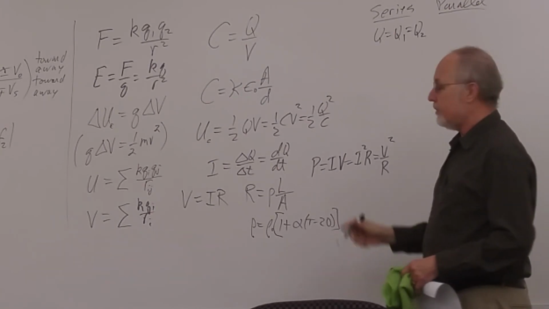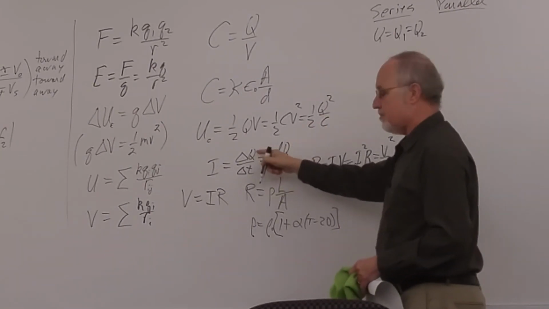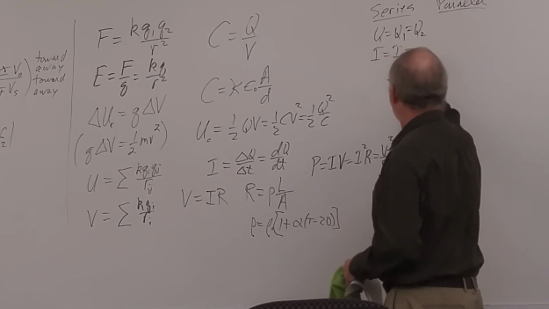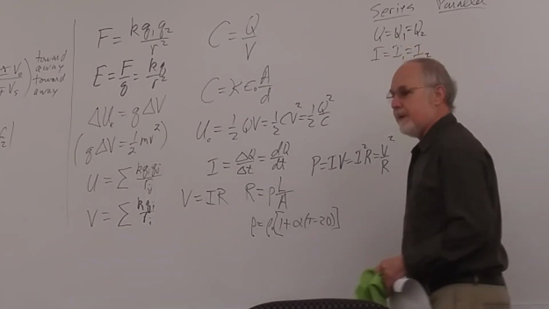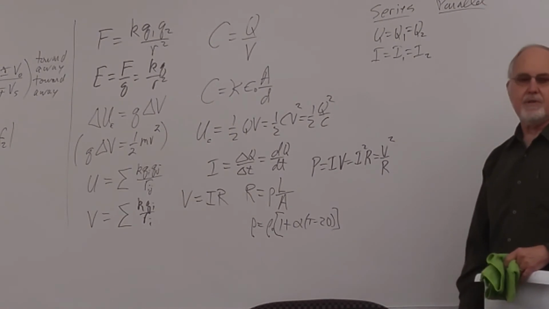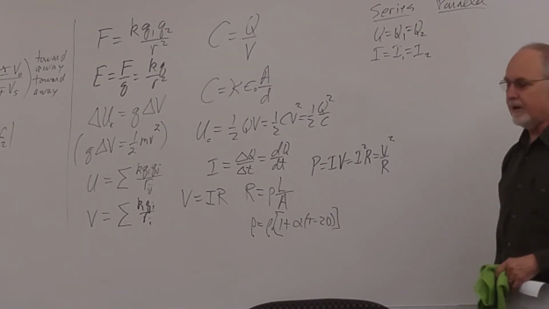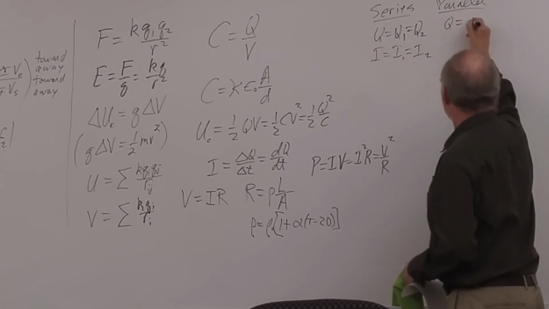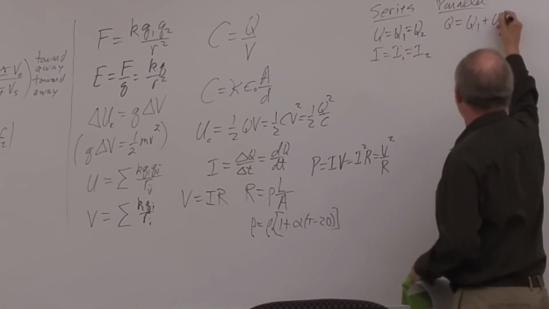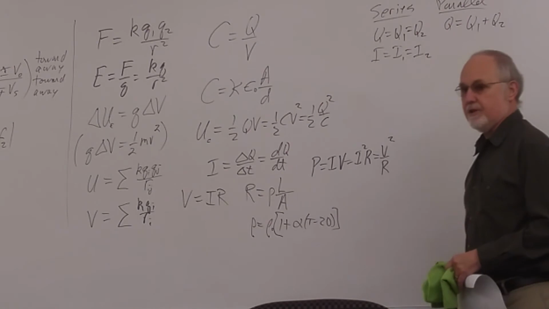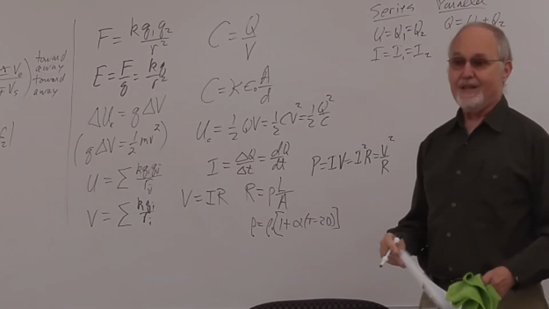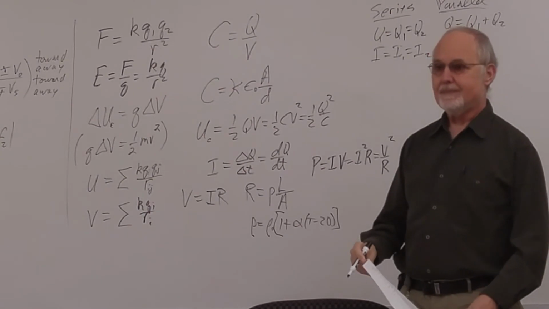If it's current going through a resistor, since current is just moving charge, current is the same in all resistors that are in series with each other. If they're in parallel, total charge is the sum of the charges on each of the parallel branches. Of course, in a branch you could have things in series also.